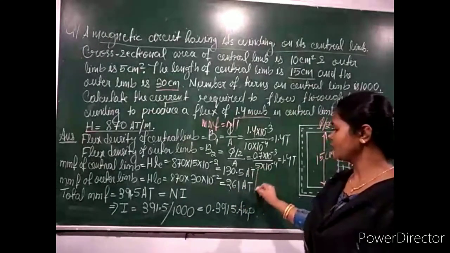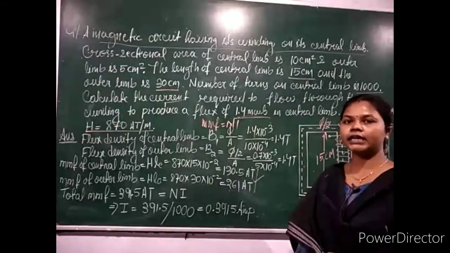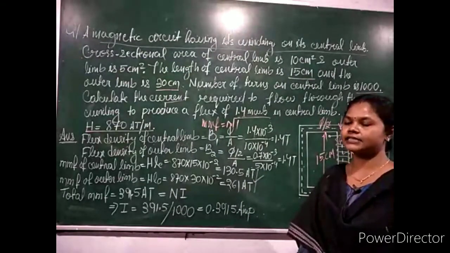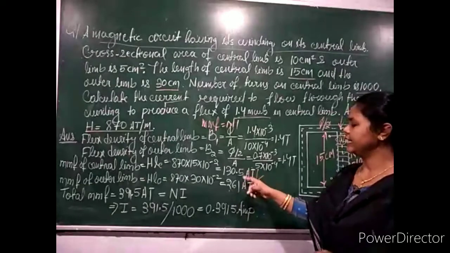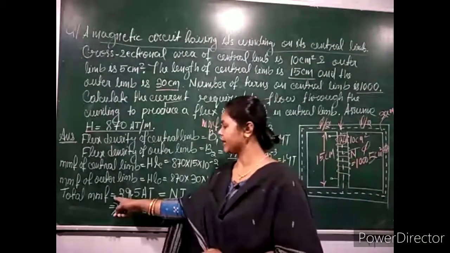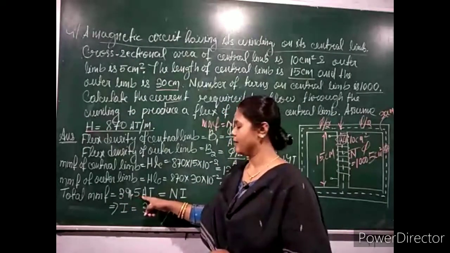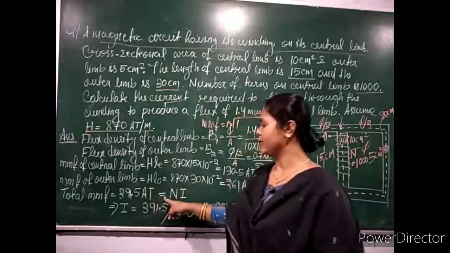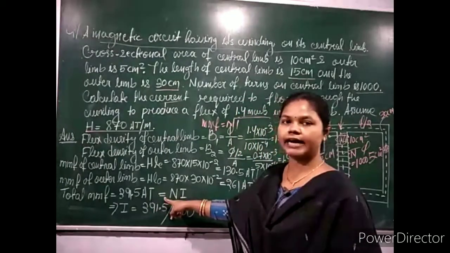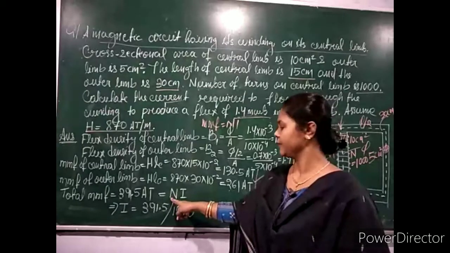The summation of these two gives the total MMF of the magnetic circuit. So by addition of these two, I get the total MMF of the magnetic circuit is 391.5 ampere turn. MMF is also written as the product of number of turns and current.